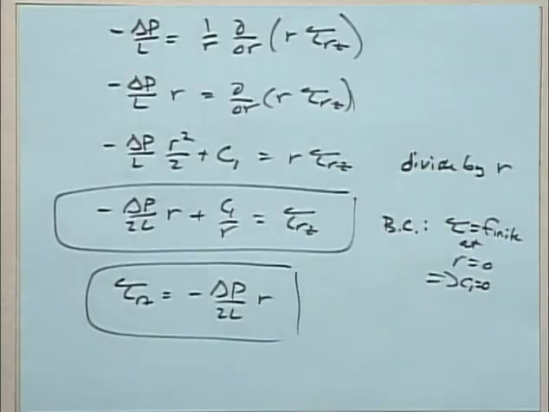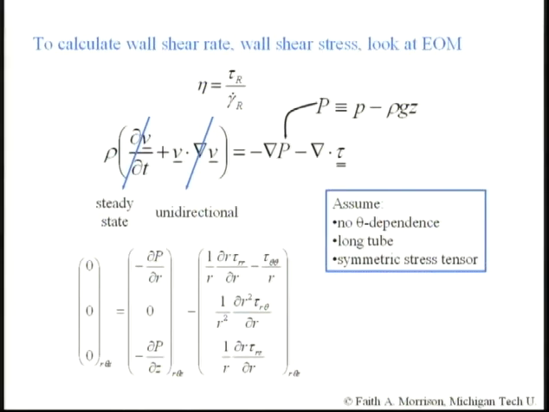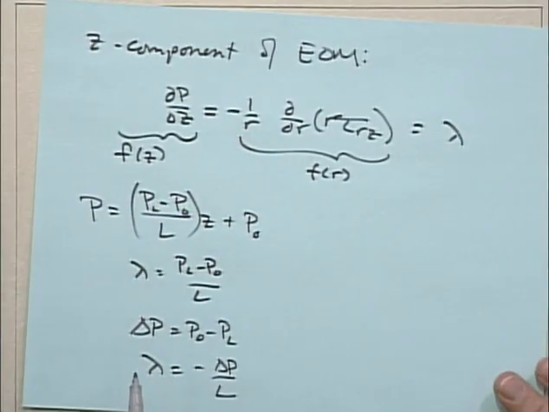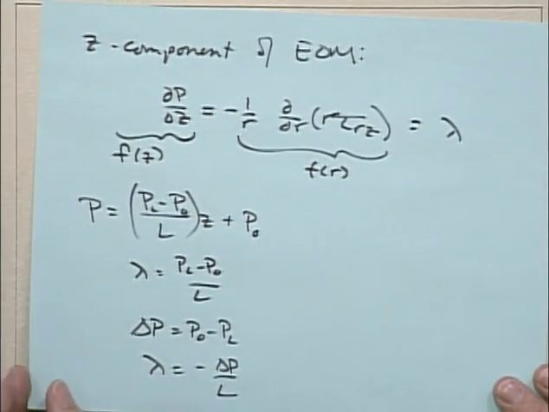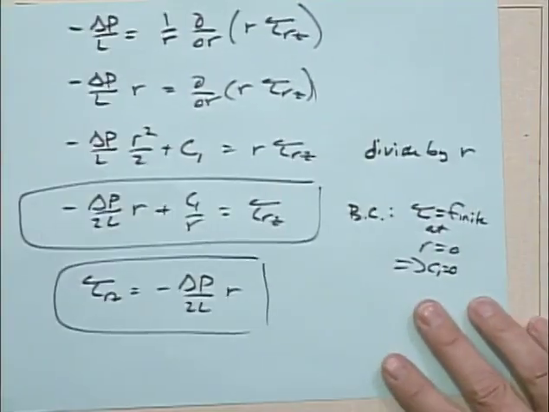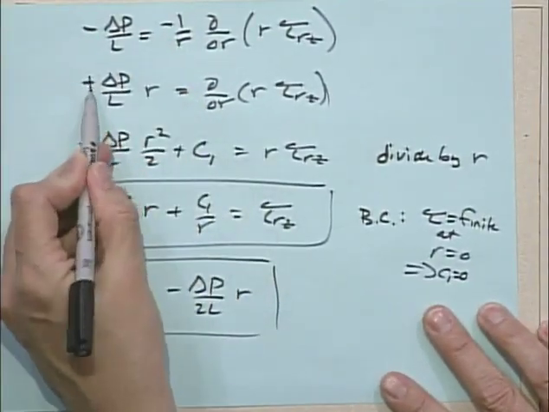It looks like I dropped a minus sign. I apologize for that. Here's the missing minus sign. You see it right here? I missed it right here. So that means it's here, which means this isn't here.